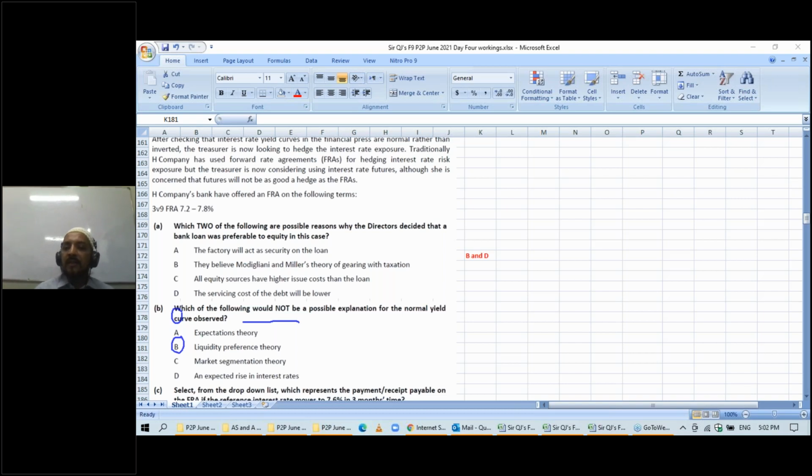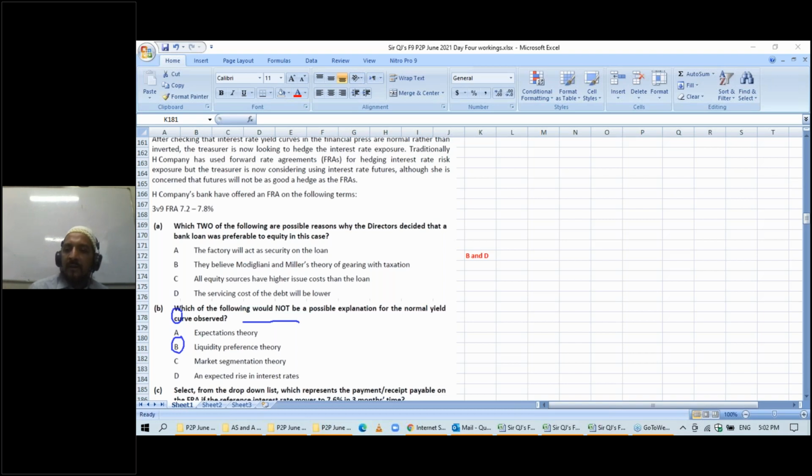No, C is not the answer because they are not interested in C, and they are talking about saving the interest expense. This is about issue cost. Nowhere in the question have they talked about issue cost or security.